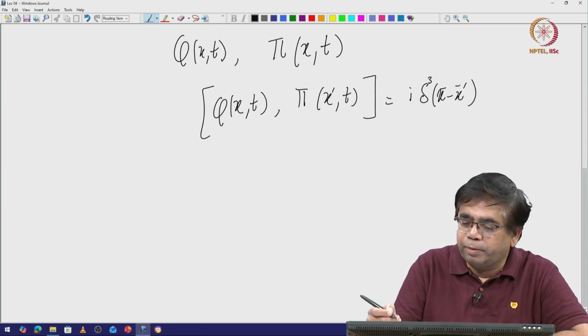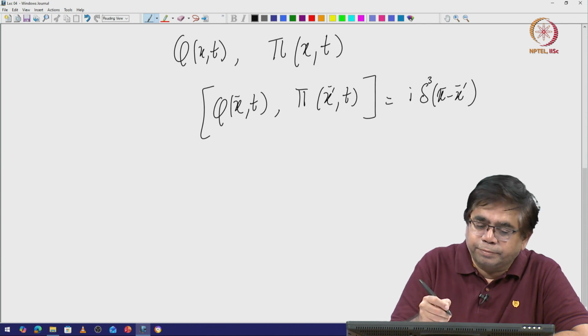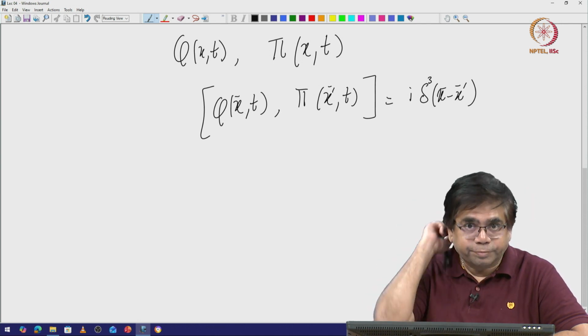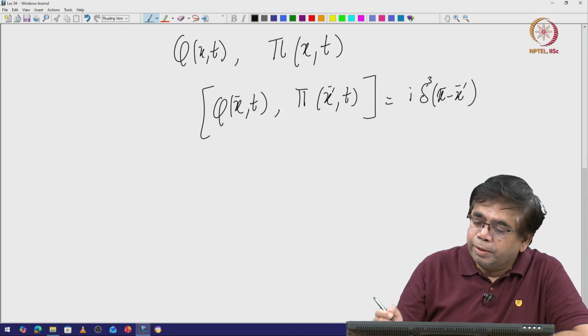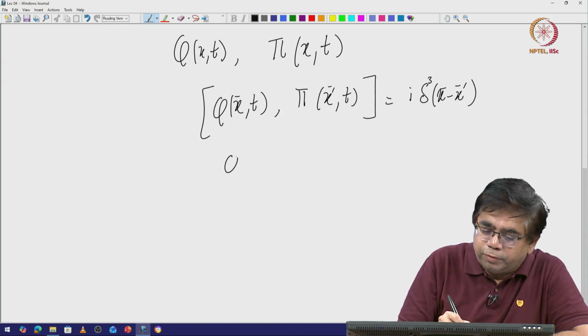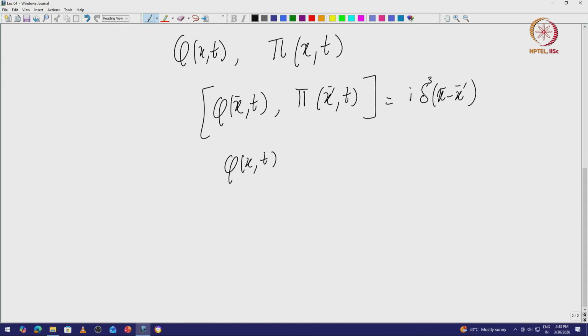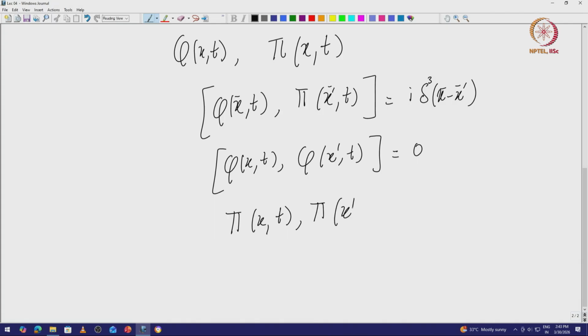If you want, we can put bars on all these things. Then of course, you can have the commutator of phi of x, t with phi of x prime, t equal to 0, and likewise for pi.